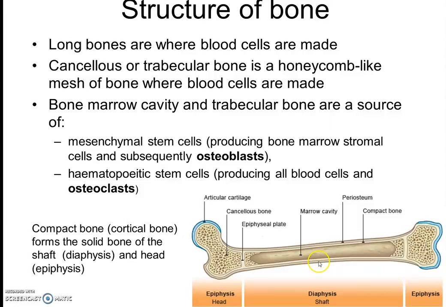We have cortical bone, which is what you traditionally see as solid bone. Within the centre we have the bone marrow cavity, and within the bone marrow cavity and associated with the trabecular bone is where we get the bone marrow stem cells, hemopoietic stem cells, which produce all of the white blood cells, and mesenchymal stem cells, which go on to produce the precursors of connective tissue cells.